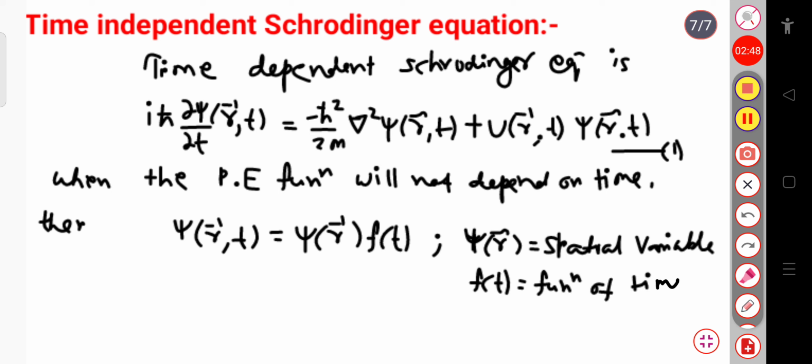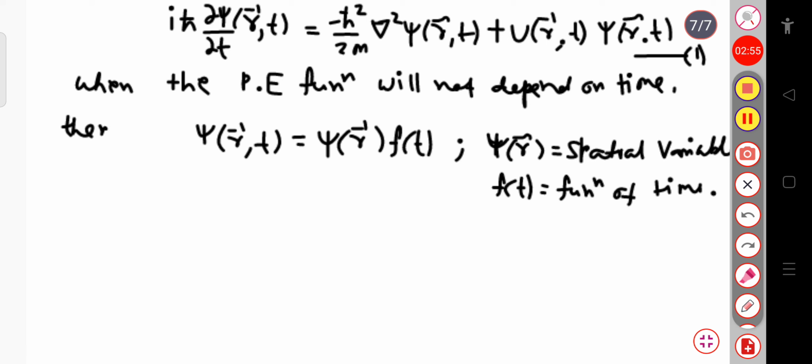Now if I put this psi of r,t in equation 1, putting this in equation 1, I can write in place of psi of r,t, psi of r into f of t.